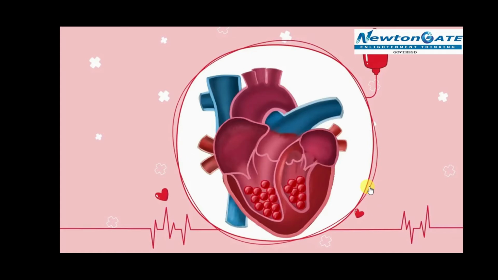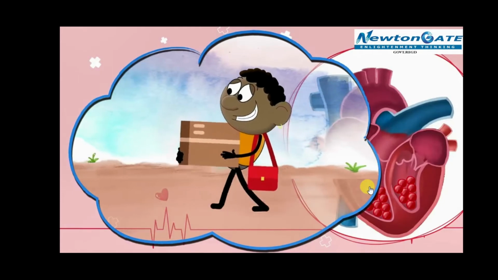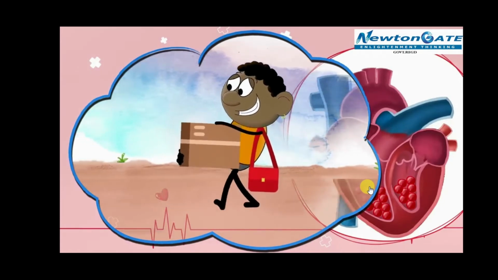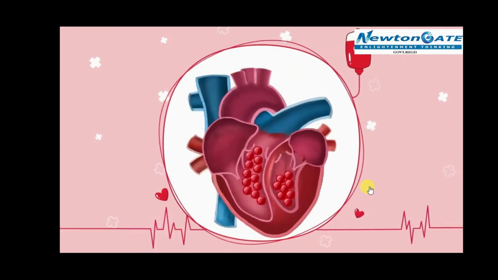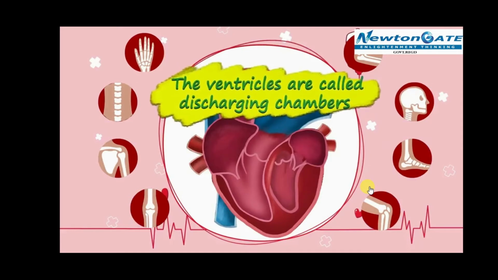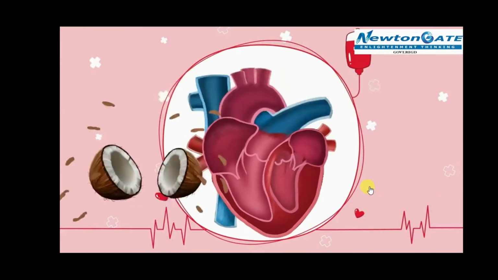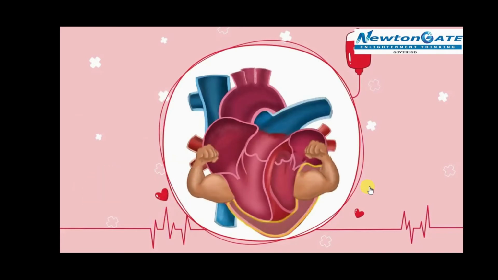Okay? And just like the postmaster collects all the letters and delivers them to the specific location, in a similar way, ventricles transfer blood throughout the body. That is why they are called discharging chambers. Just like a thick coconut shell, ventricles are also made up of thick muscles.